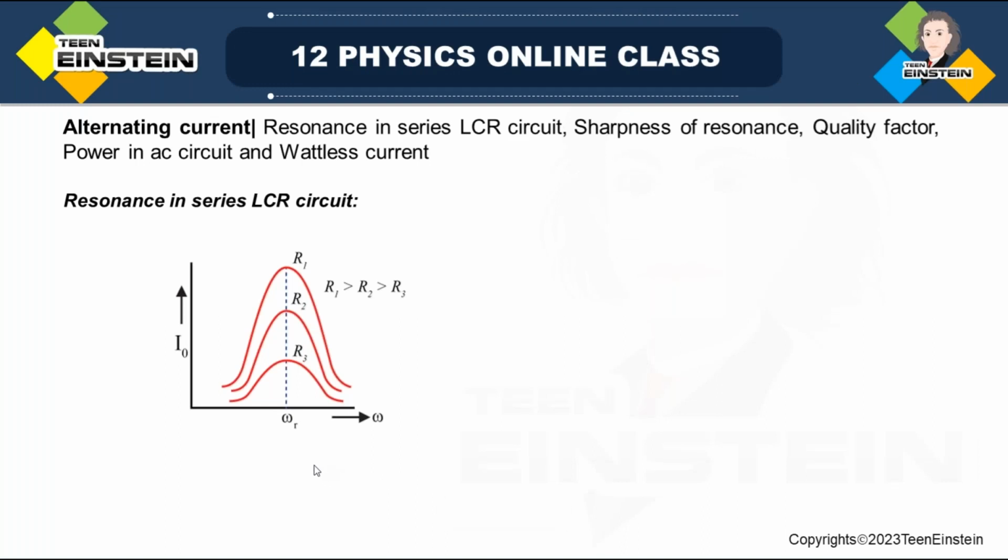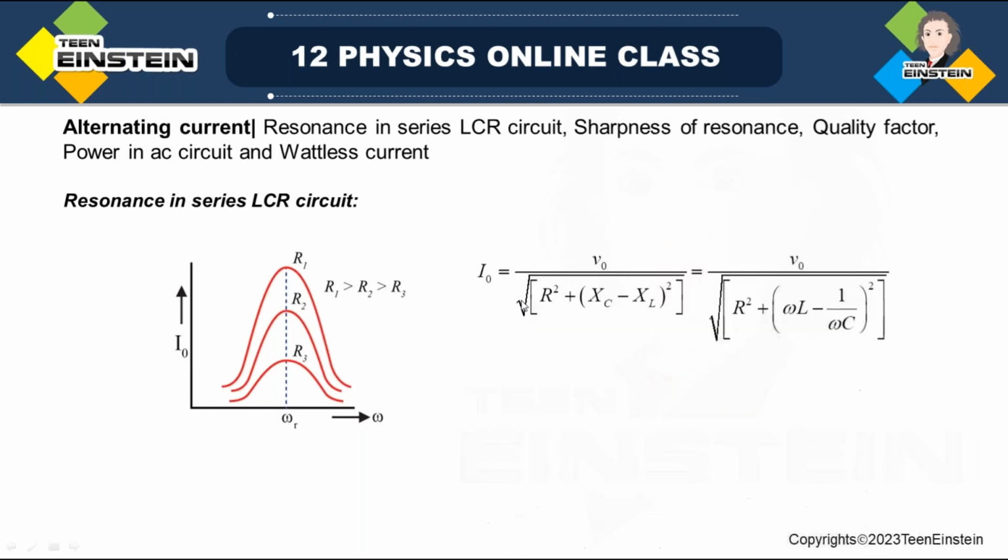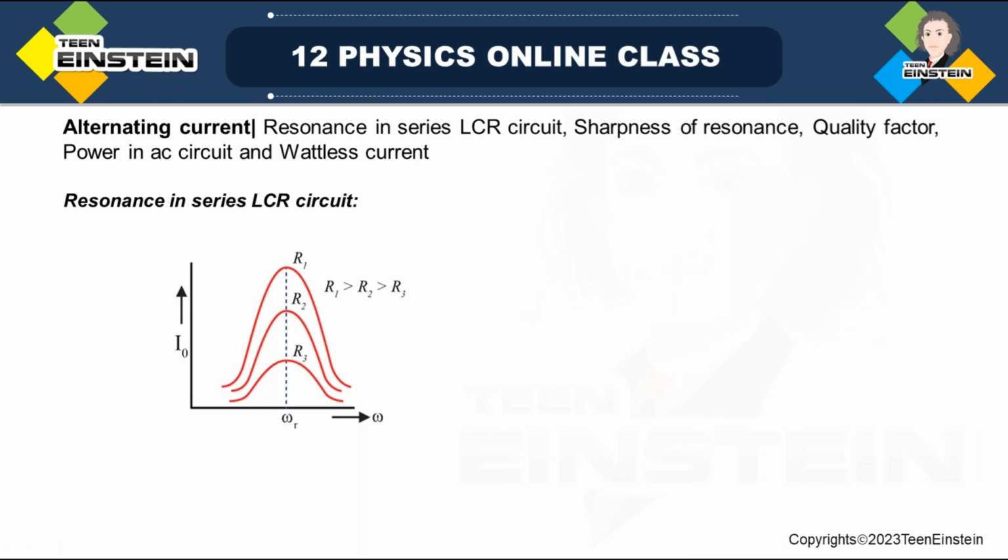Very good morning, students. We were discussing alternating current. As you know, we have already discussed pure resistive circuit, pure capacitive circuit, pure inductive circuit, and combinations of LR circuit, CR circuit, and series LCR circuit also we had discussed.